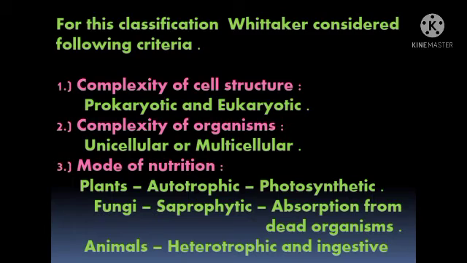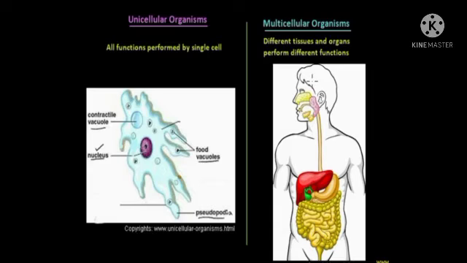And the second term is multicellular. Multi means many, and cellular again refers to a cell. So organisms which are made up of many cells are known as multicellular organisms. Students, here in the picture you can see the example of unicellular organism and multicellular organism.